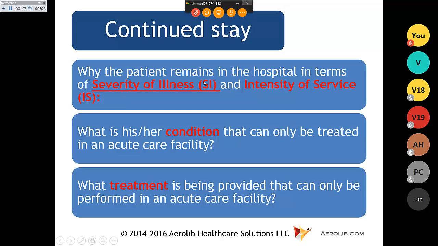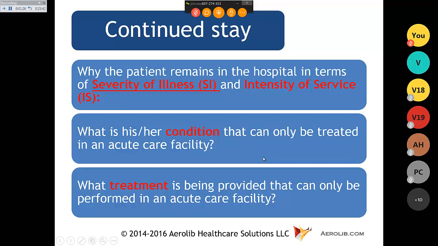So this should be answered in each progress note as an independent standalone note, that if pulled out from a series of a 10-day stay, we can say, yes, we will approve the third day, the fourth day, because this is what the condition was, this is the patient's condition, this is what the hospital was doing.